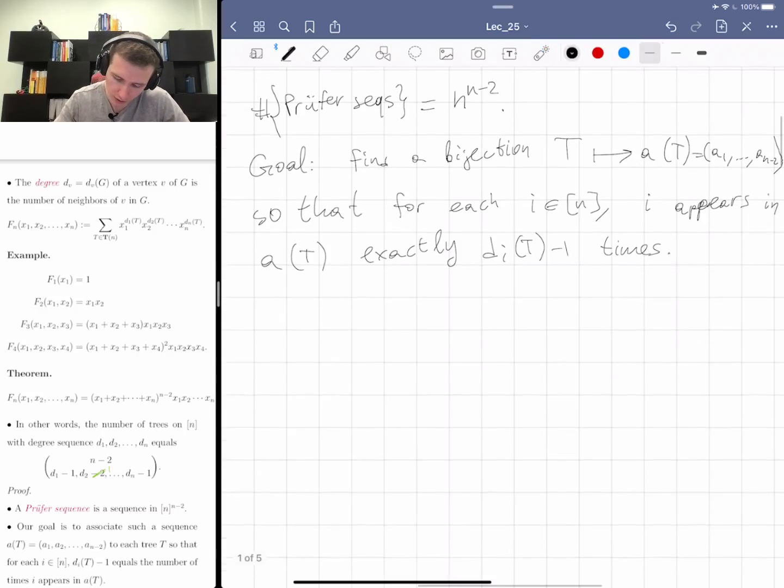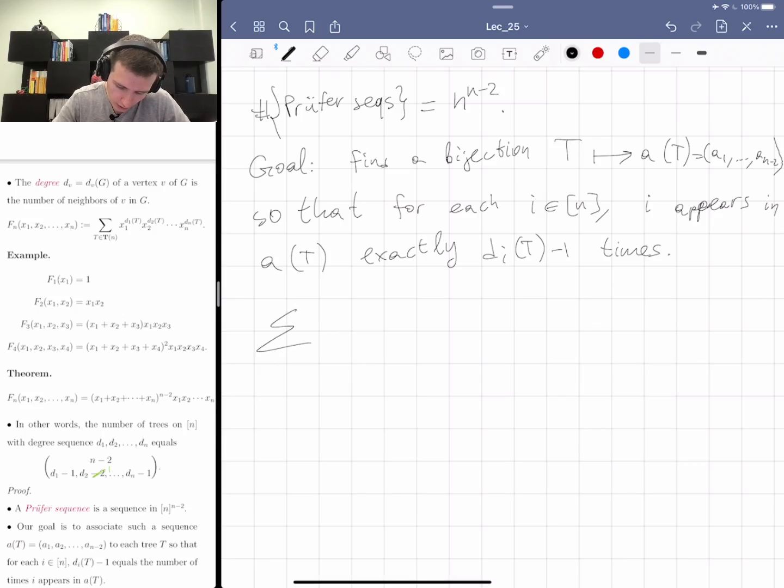So let me write it down. The sum over all Prüfer sequences A of x1 to the number of ones in A minus 1, times x2 to the number of 2's in A minus 1, etc., all the way up to xn.